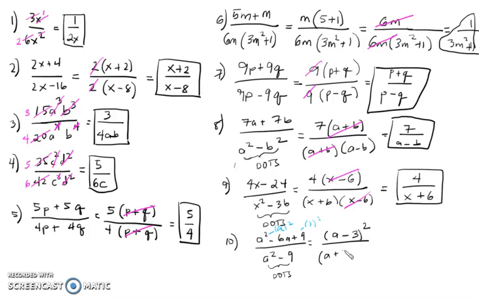So that would be (a plus 3)(a minus 3). Obviously, you can cancel out the square and then (a minus 3). So that would give us a final answer of (a minus 3) all over (a plus 3).